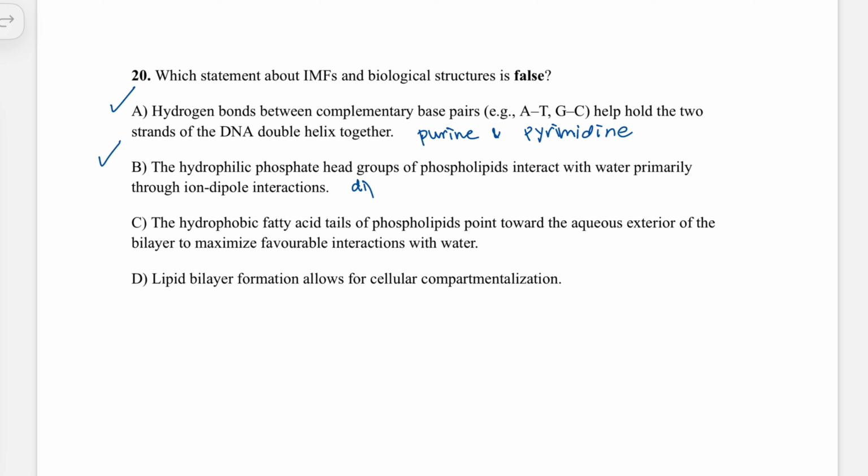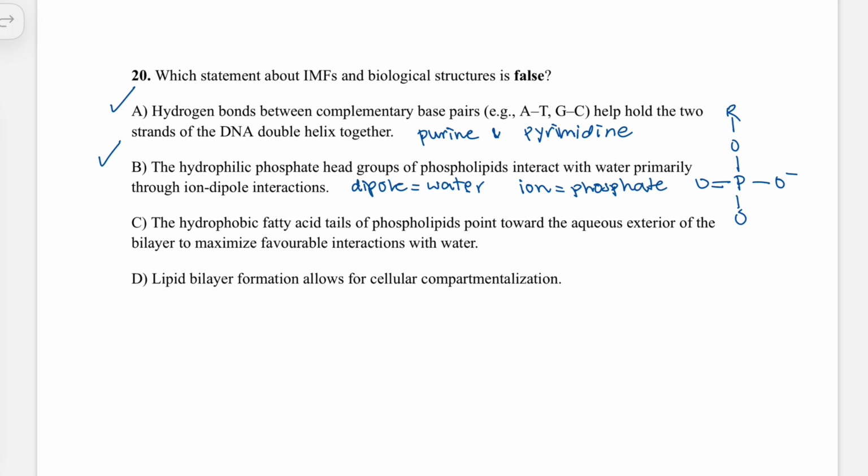So the dipole in this case is the water or the aqueous environment, because water has dipole moments, and then the ion is the phosphate from the phosphate head, which looks something like this. This is not the full thing, but it'll give you an idea. So here's the O with a negative charge, and that's the ion, and then the dipole. So it is an ion-dipole interaction.